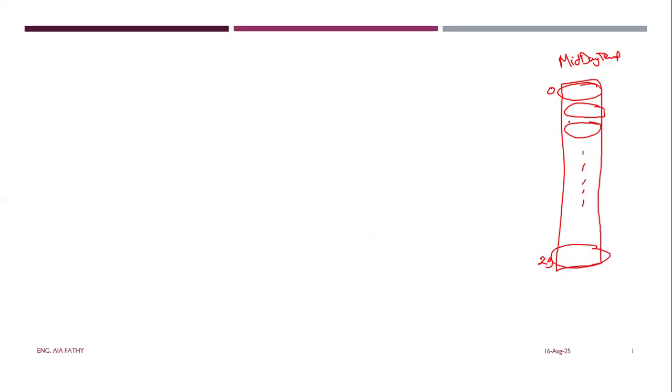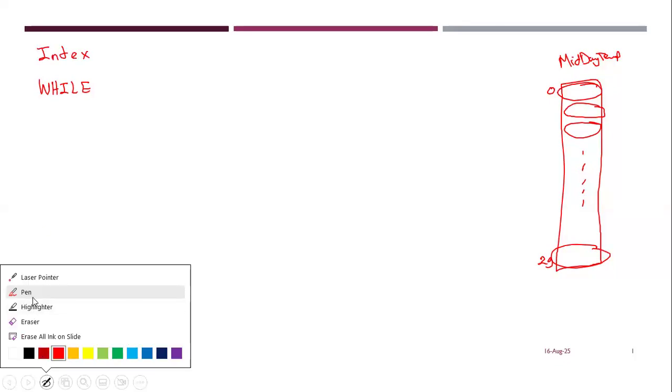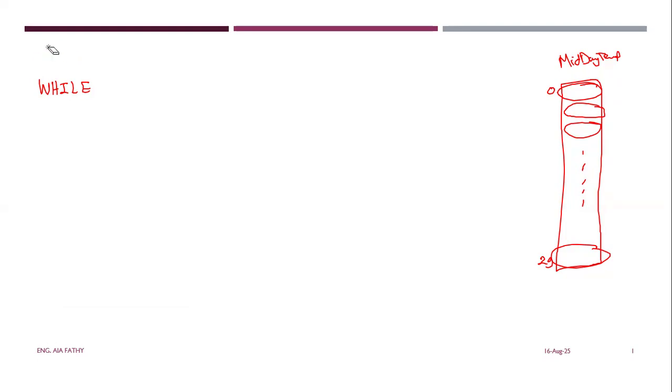So if you deal with an array, you can use any type of for loop or while or repeat. So let's use, for example, while. What is the condition which you will use? At first, we will start with index 0 to 29. So let's at first set index to 0. As you can find in your homework, you will write set index to 0.